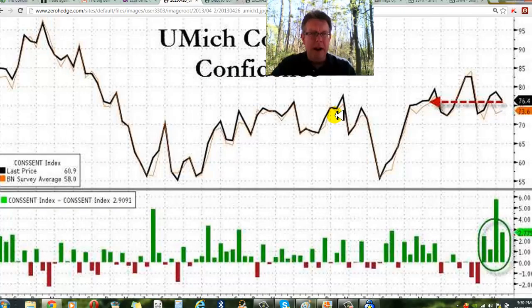Now, let me show you why you should not get excited over that number. What you're looking at here is a chart of the University of Michigan Consumer Confidence Index, the Michigan Sentiment Survey. The first thing that jumps out at me is that this line chart is a setup for a head and shoulders formation.